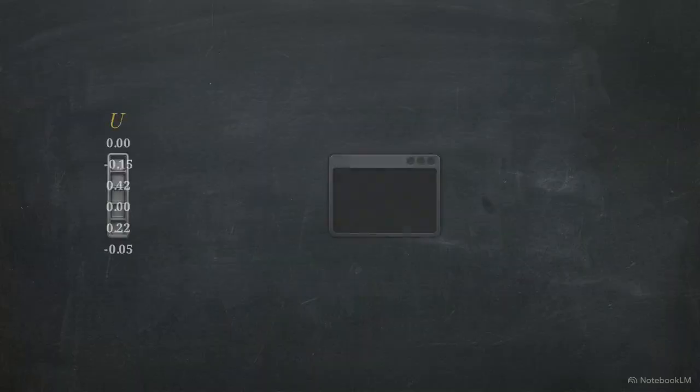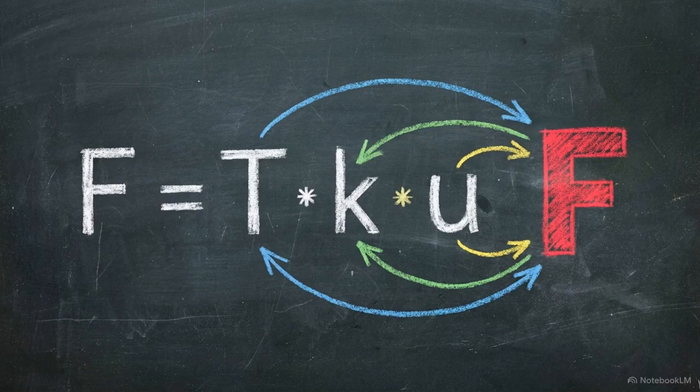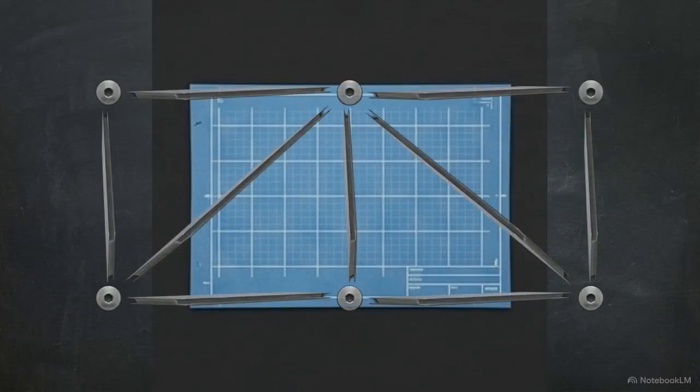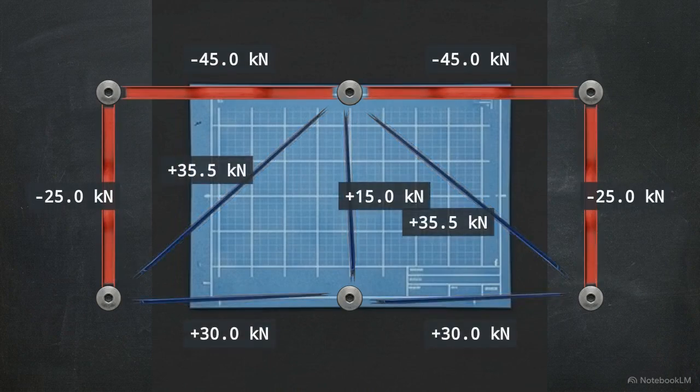The final step involves passing the full displacement vector back through a final loop. By multiplying the transformation matrix and the local stiffness of an element against its specific nodal displacements, the program finds the axial force. This reveals the internal state of the structure, with negative values indicating compression and positive values indicating tension.